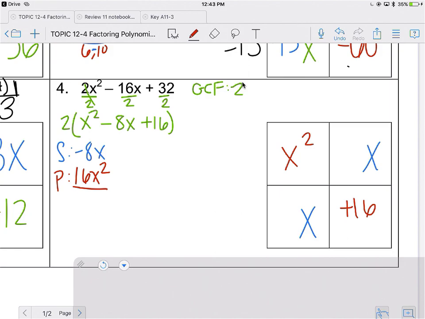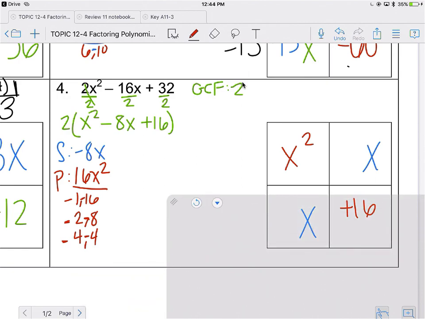Ways to get to 16: 1 times 16, 2 times 8, 4 times 4. Now, if I'm looking to add to a negative but multiply to a positive, both of my numbers are going to have to be negative.